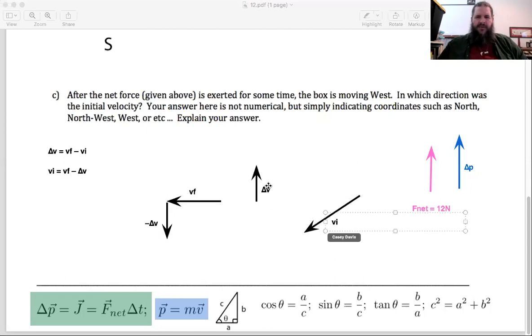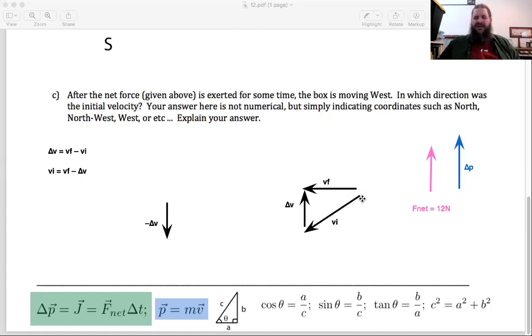We provided a force which caused a delta v in the northwards direction, resulting in v final being to the west. Because the delta v being to the north cancels out the southward component of v initial, leaving just a westward component. But of course, v initial had to have a westward component already, because a net force to the north can't change the east-west component.